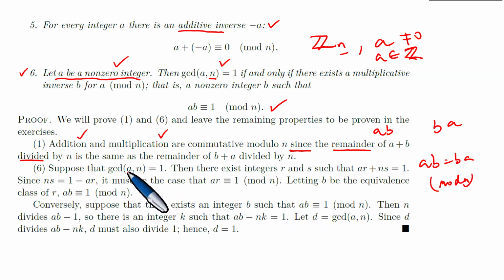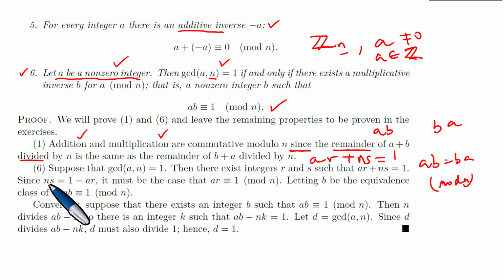Such that a times r plus n times s equals 1. Because the greatest common divisor is 1, you can write this linear combination. Let's manipulate this algebraically.